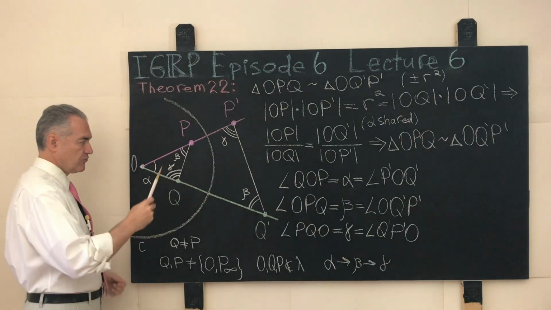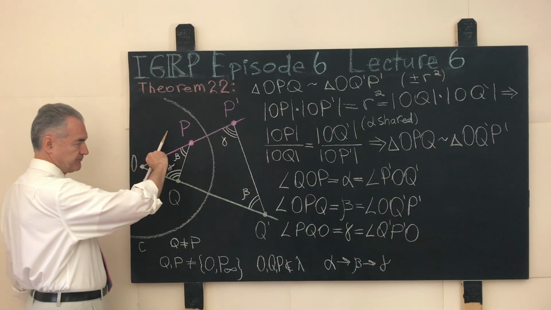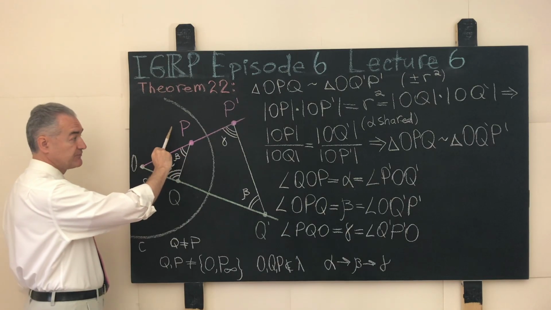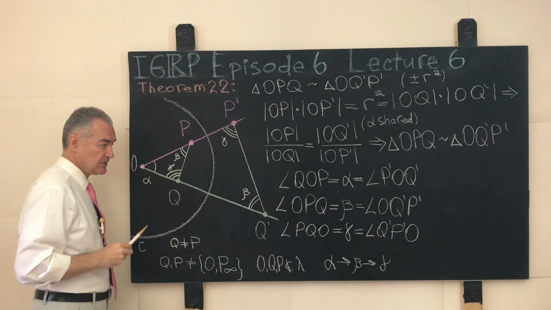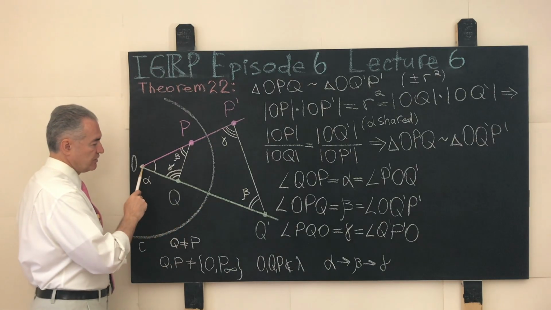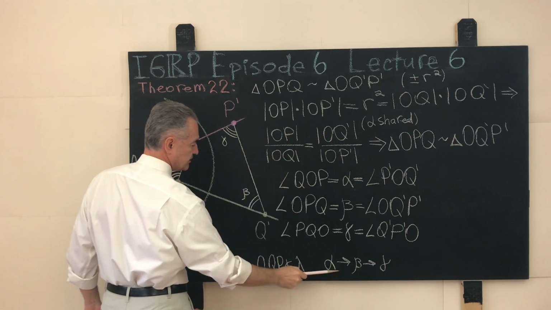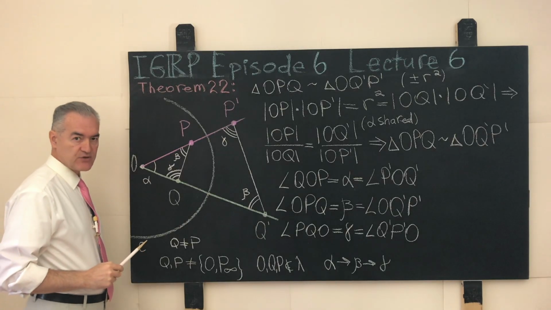And again, for various fabulous historical reasons, people refer to this direction of walking as what? As clockwise. But if we want to visit the angles of the other triangle, OQ prime P prime, in the same order, how do we have to walk the perimeter of that triangle?